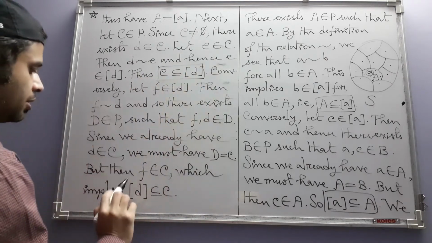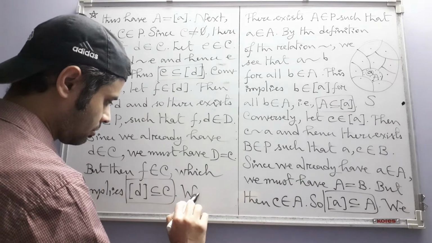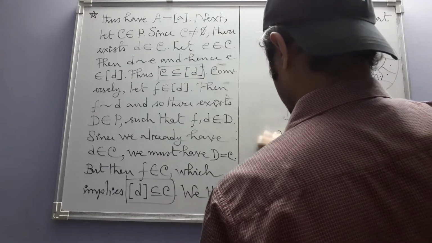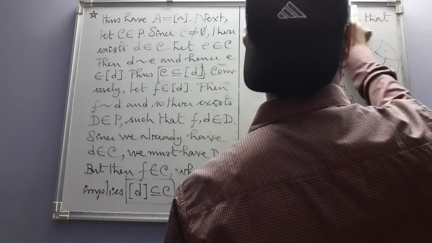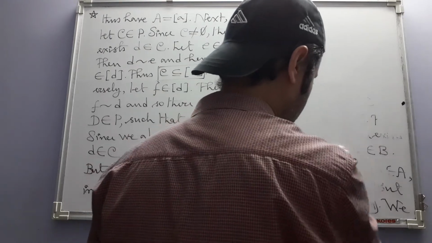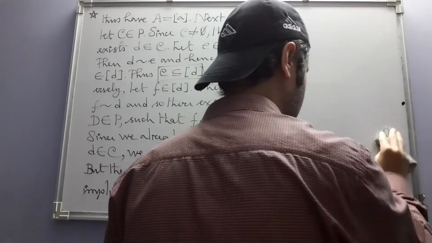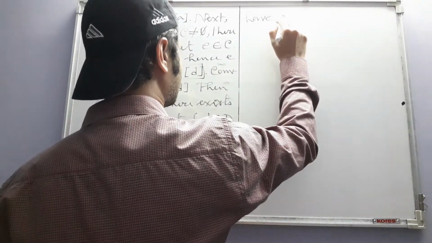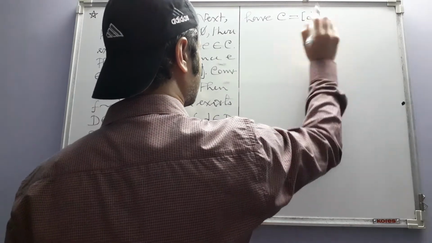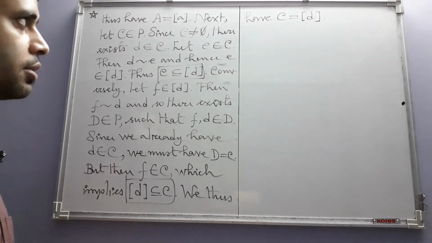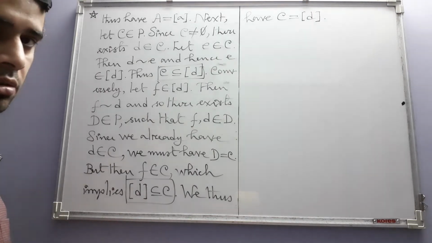So like before, we now combine these two inclusions. We thus have... So besides showing that every equivalence class is a set in the partition, we have shown that all the sets in the partition are also equivalence classes.